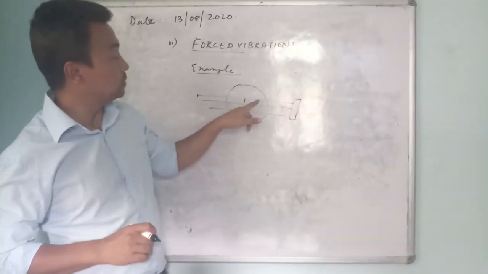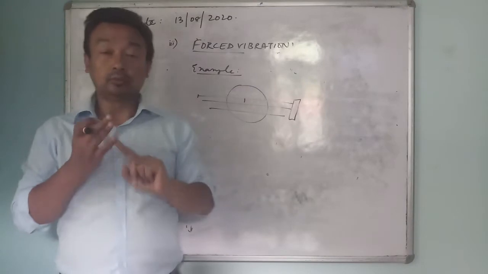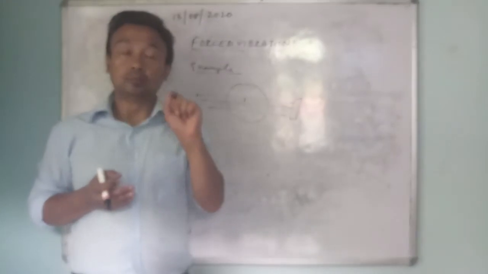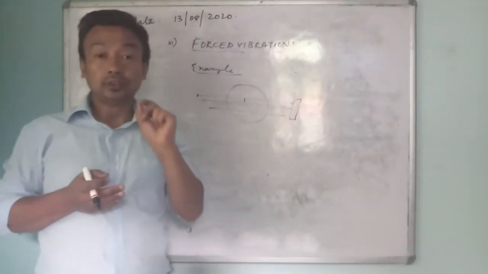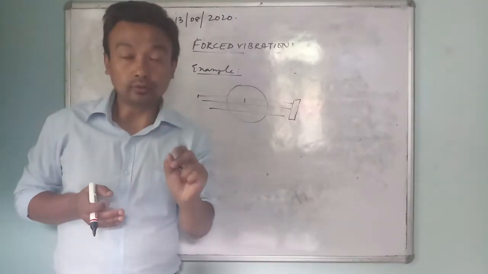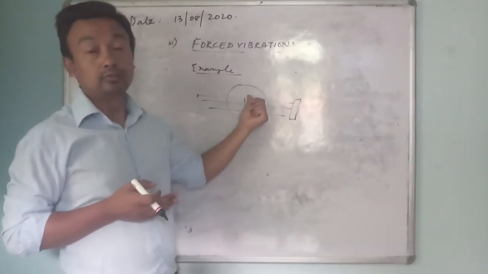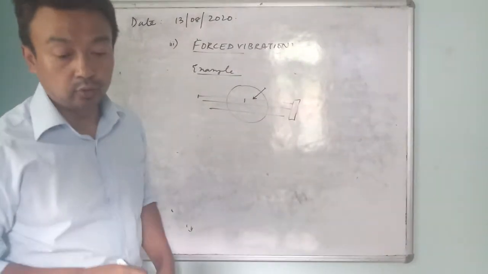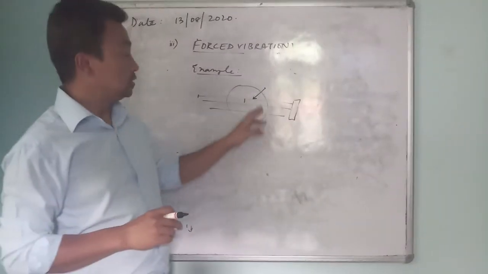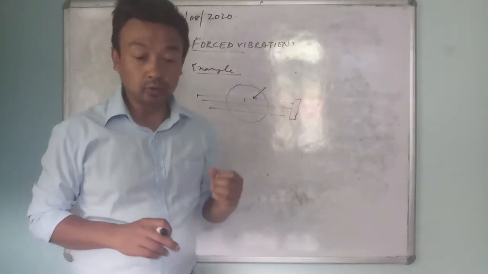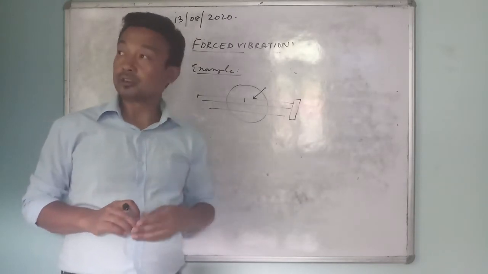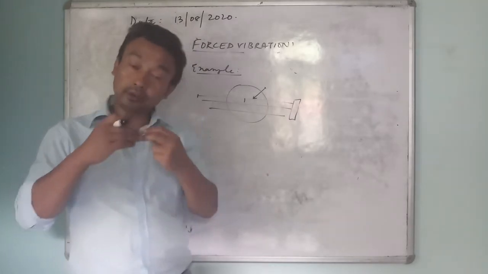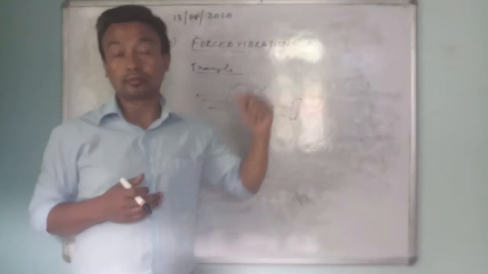Okay, so now in forced vibrations, the body does not vibrate due to its natural frequency. But the vibration takes place due to the frequency of the external periodic force which you have applied. And the amplitude of this external periodic force does not change with time, it remains constant if it is periodic. That means as long as the force is being applied, the amplitude remains the same and the body goes on vibrating.